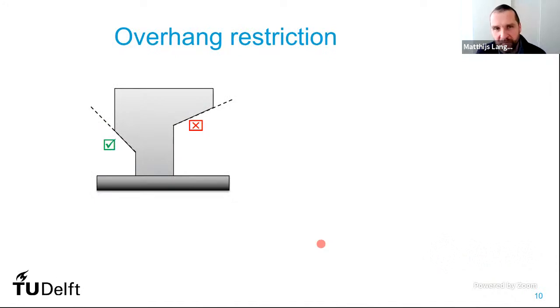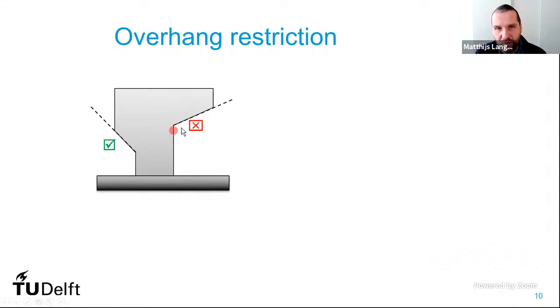And then we come to the overhang restriction. Already this was introduced this morning, so I will be brief on this. But in many additive manufacturing technologies, there are limits to the angle that an overhanging surface can make with respect to the substrate. Typically angles in the order of 45 degrees are still printable without adding supports, like I showed in the brake caliper example at the beginning.